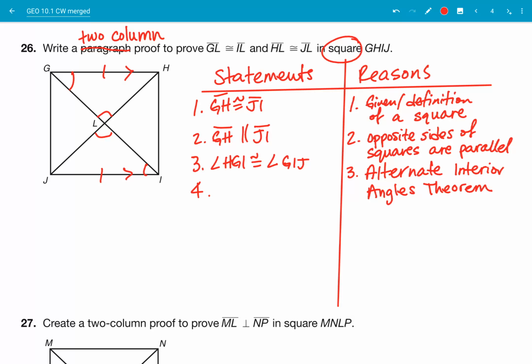So I know that angle GLH is congruent to, oh sorry, we want angle JLI. And those are vertical angles theorem.